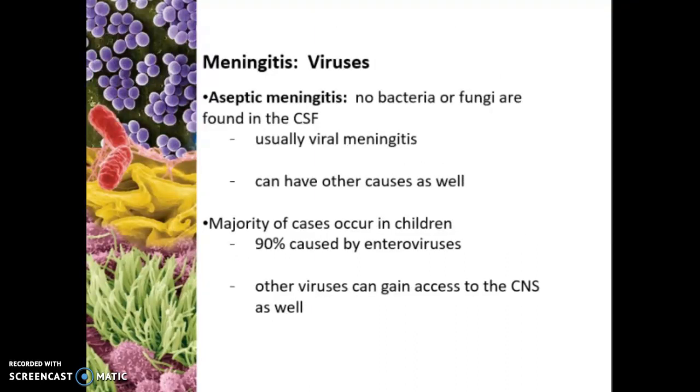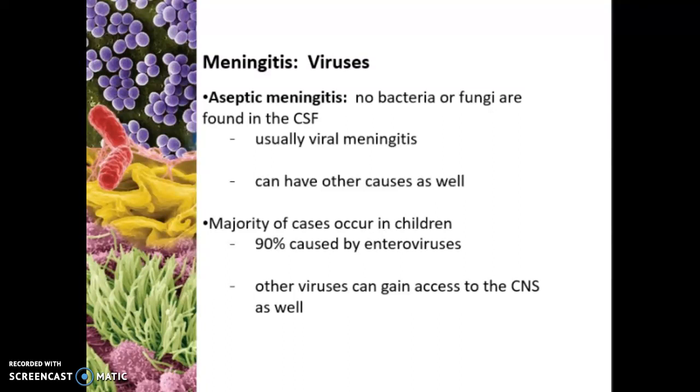Then with viruses, viruses can cause meningitis, and this is called aseptic meningitis. Why? Because if the cerebrospinal fluid is tested, you can't see any bacteria or fungus. And a lot of times looking for meningitis, physicians will order a spinal tap, and the spinal fluid can actually be quite purulent, right?